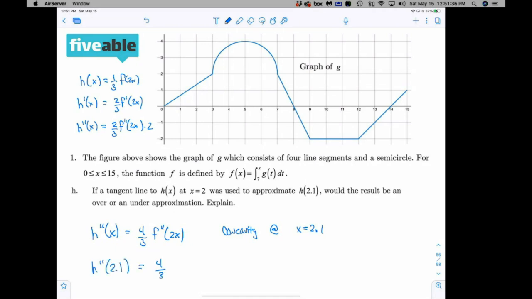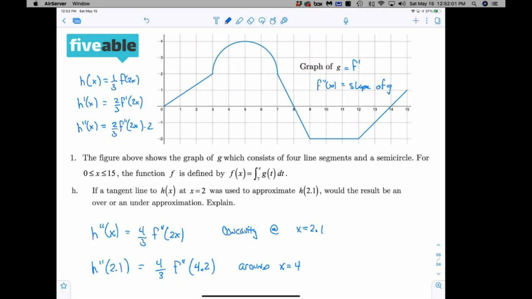That's 4/3 f double prime of 2 times 2.1, which is about 4.2. So we're looking around x equals 4 in the graph of f to find out what's going on. Well, remember, the graph of g is really f prime. So f double prime is the slope of g.